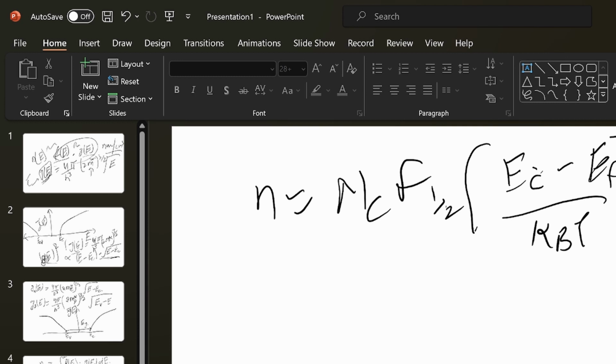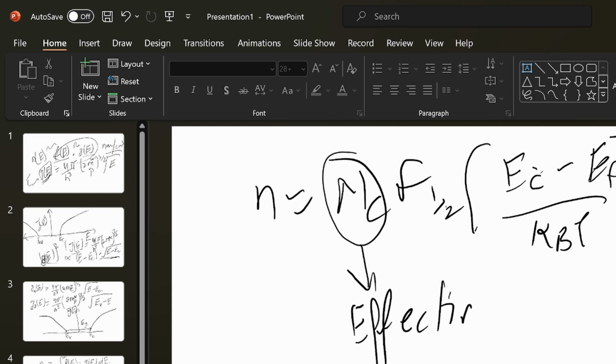This is the Fermi integral. This NC is nothing but the effective density of states. We have seen that this is the E-K diagram.